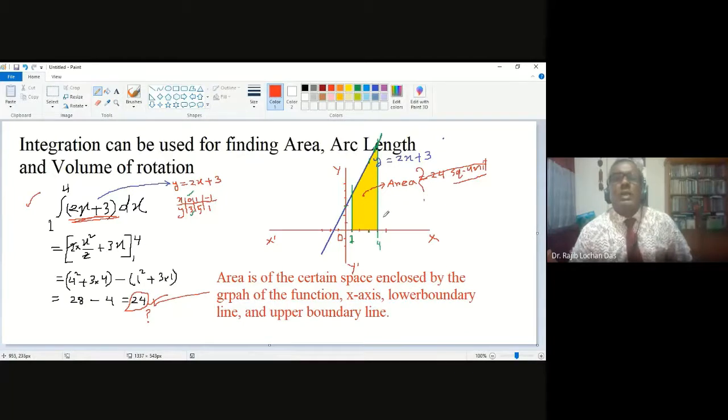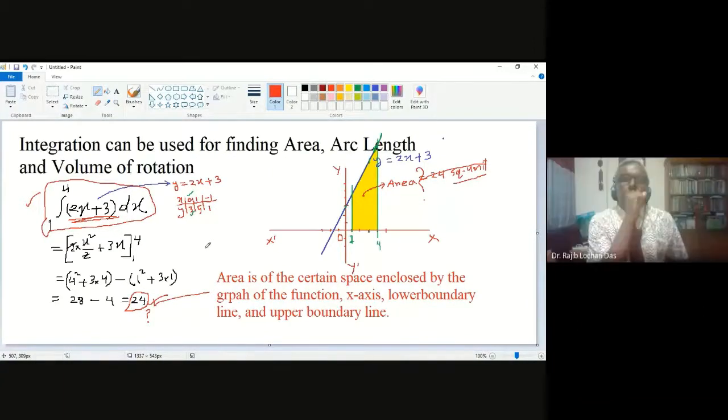Okay, then you will understand, oh, okay, this area is possible to use integration here. So you will write this thing and then do the calculation and get the answer as 24. So you will say, okay, the area of the shaded region in the question is 24 square unit. So that is your answer. You got my point?